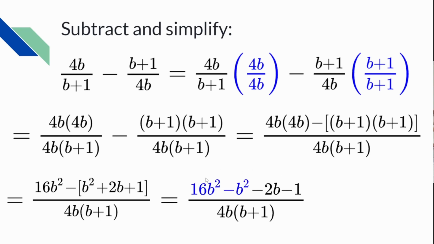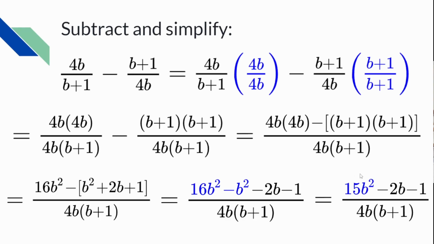So next, we can see that 16b squared and negative b squared are like terms. So we can add those together, and we'll get 15b squared in blue here. So we have 15b squared minus 2b minus 1. And that, I believe, can actually be factored.